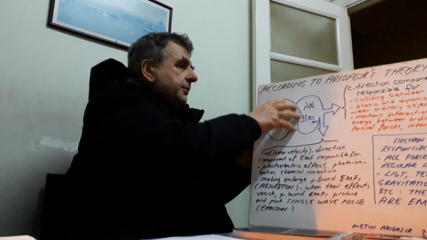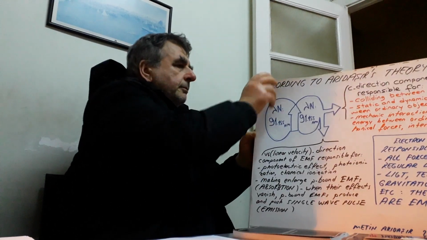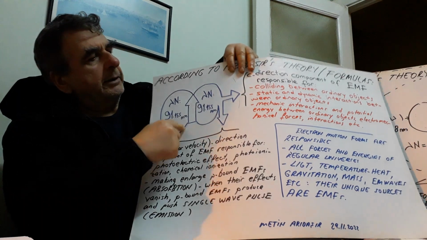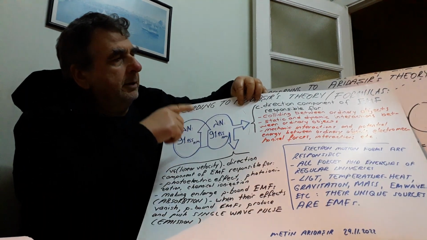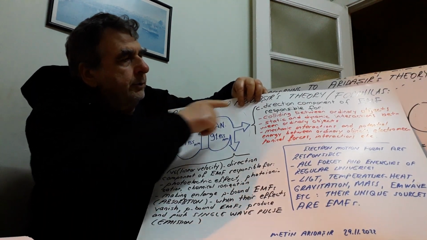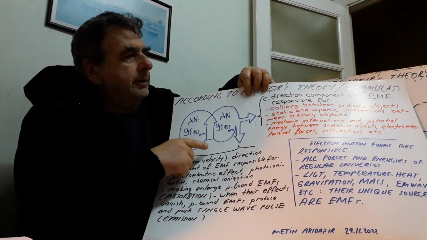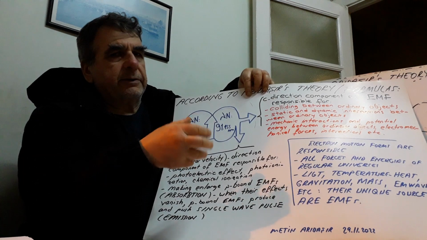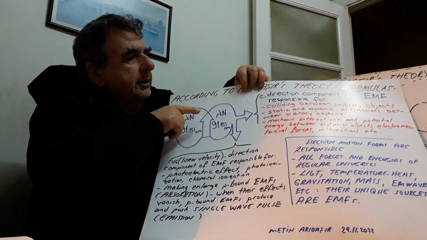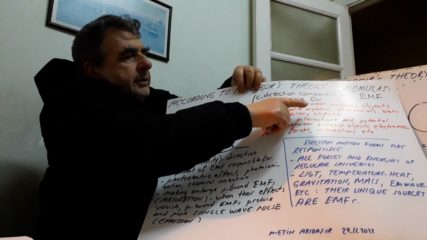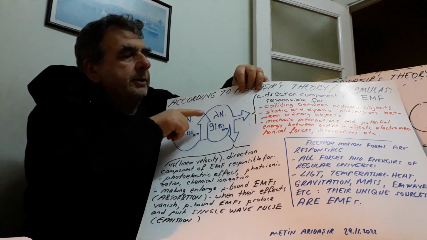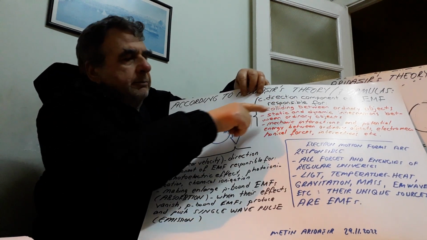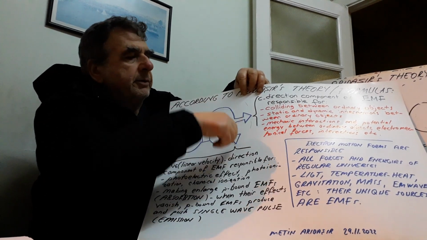Remember, this is an electron motion form, and it has two components: mass, energy, momentum, etc. This direction is c direction, speed of light direction component, mass component or energy component.